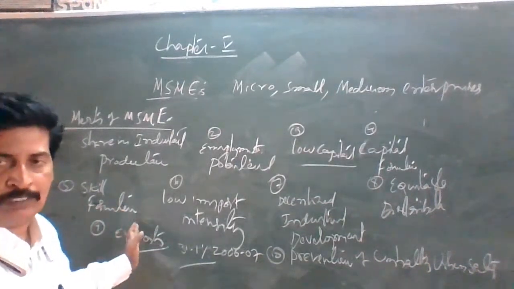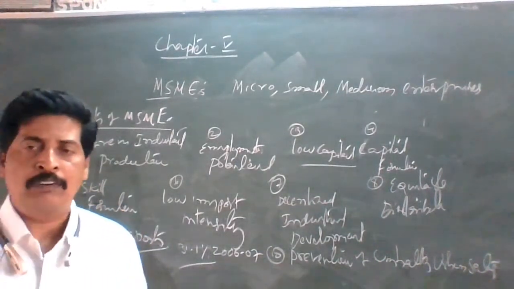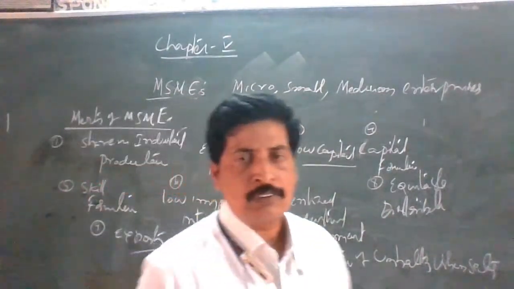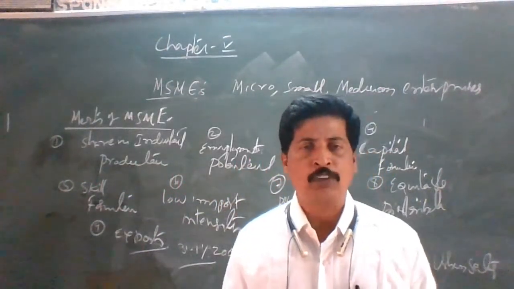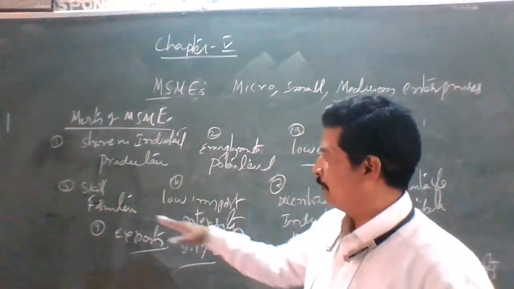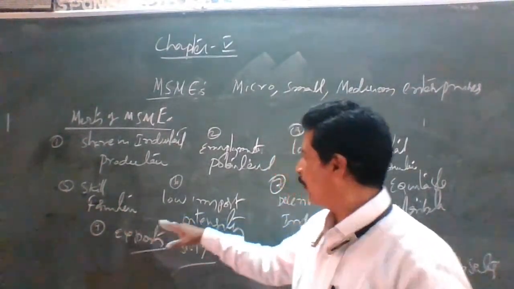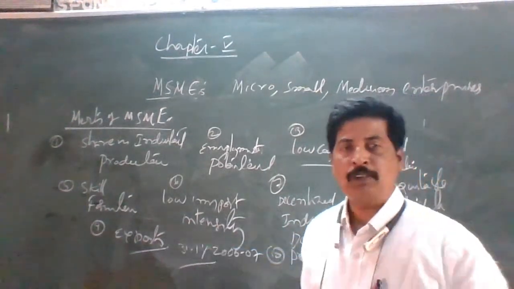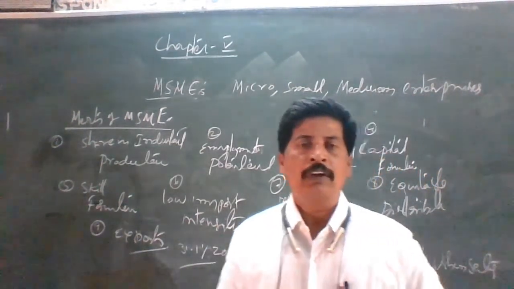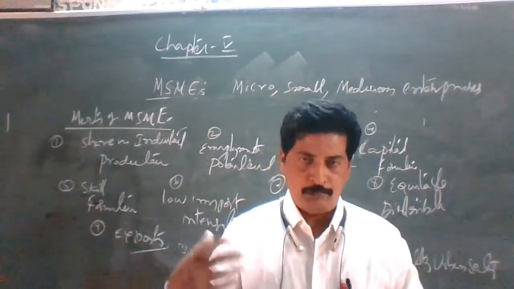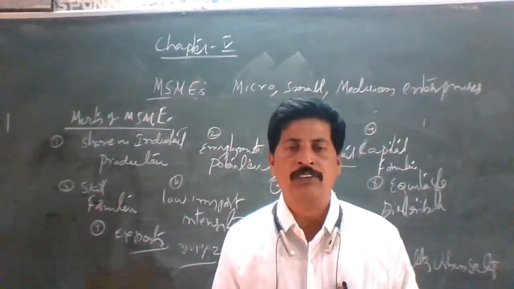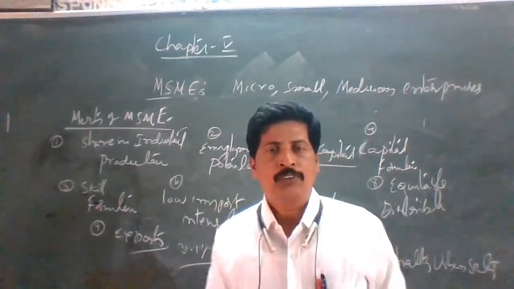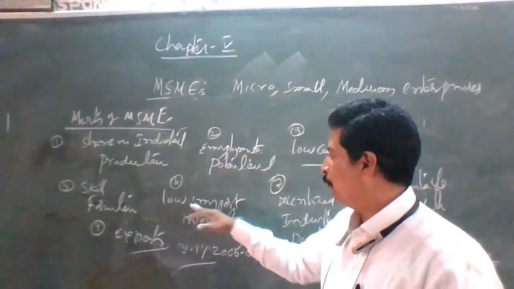For MSMEs, workers need not have any sophisticated skills. Only some training or previous experience is enough. Skill formation. And coming to low import intensity, MSMEs need not import any type of foreign technology. It is not necessary because it is low import intensity.